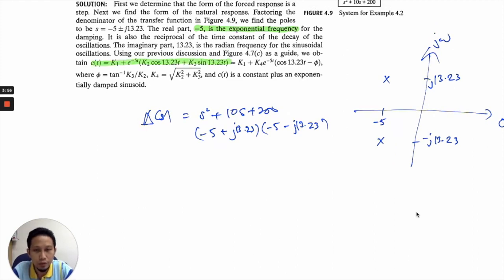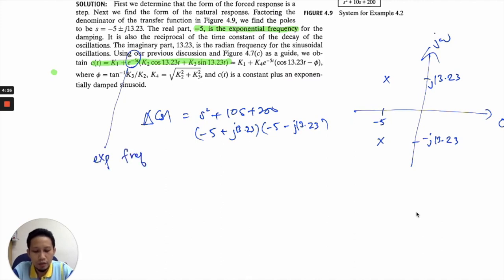In the time domain, we have c(t) equals k1 plus e to the negative 5t, times the bracket k2 cos 13.23t plus k3 sin 13.23t. The exponential frequency is this term.